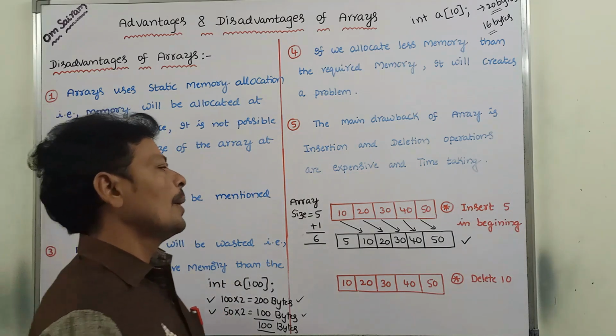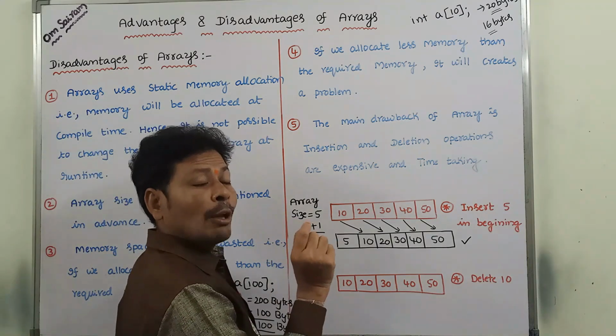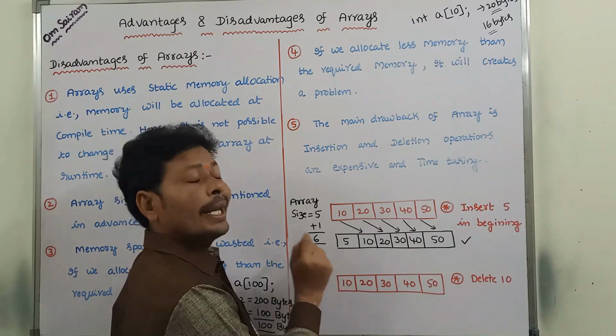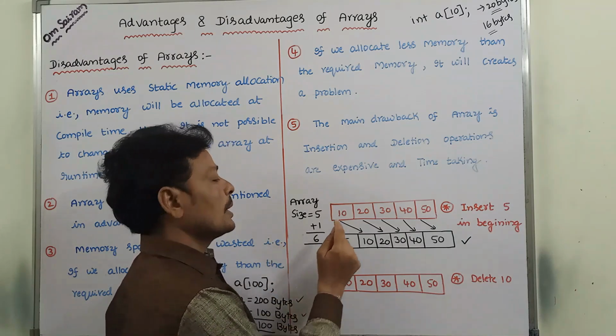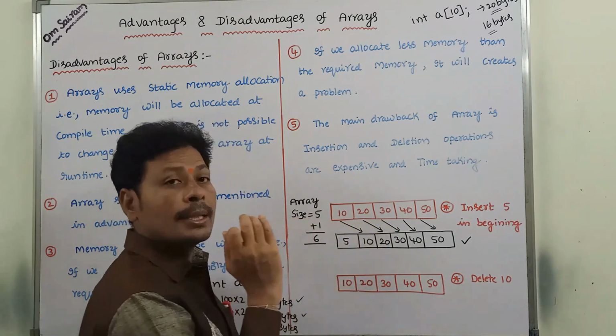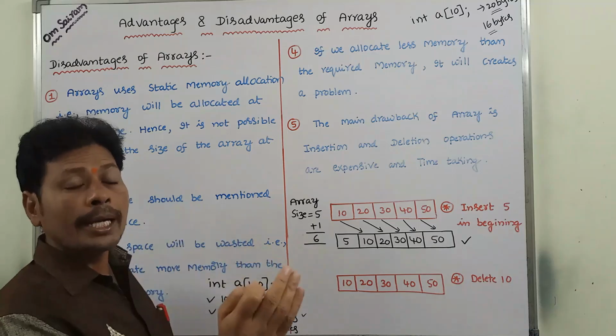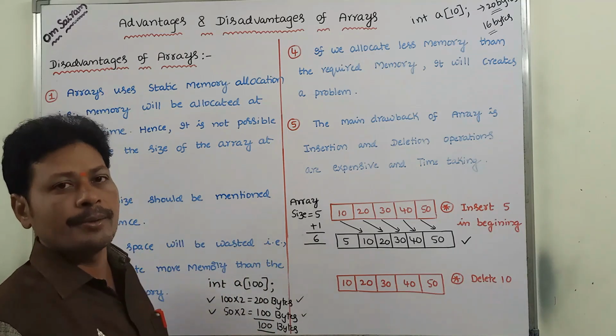Okay. So for inserting one element at the beginning of the array, the remaining elements are shifted towards the right by one position.